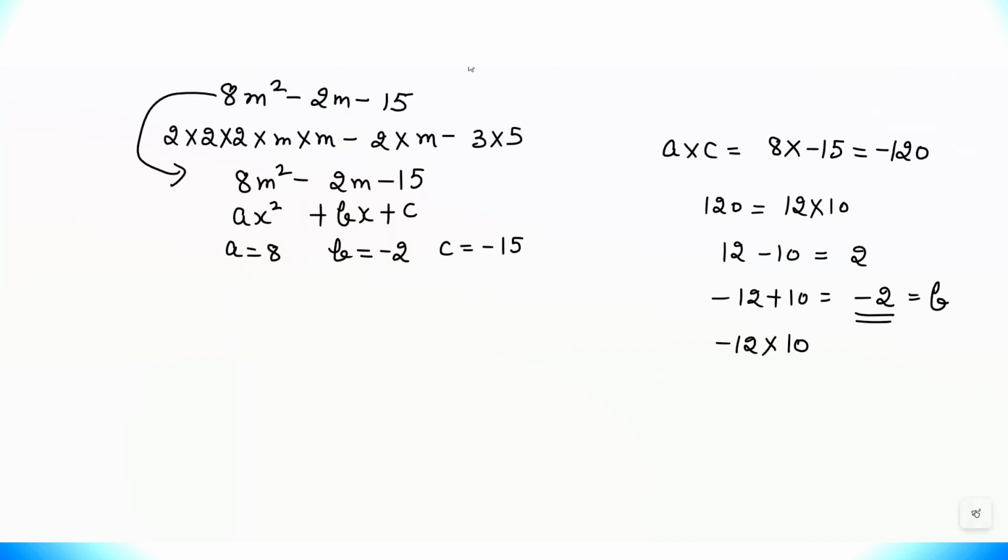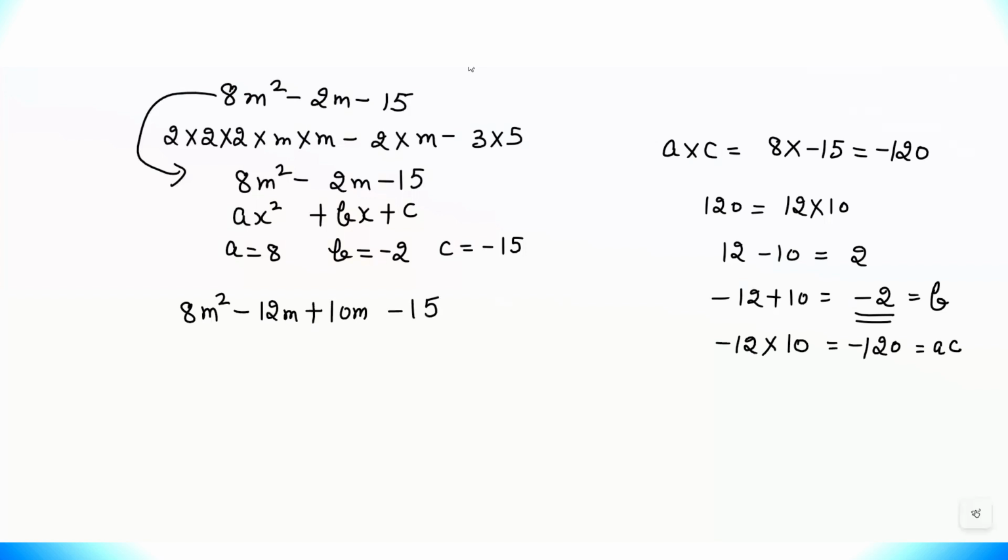If I multiply minus 12 into 10, I will also get minus 120, which is equal to AC. That means 120 will be written as minus 12 into 10. So we'll write here 8m square minus 12m plus 10m minus 15.